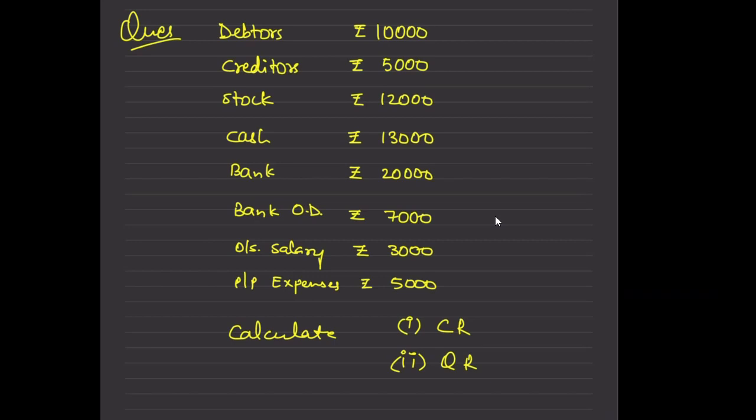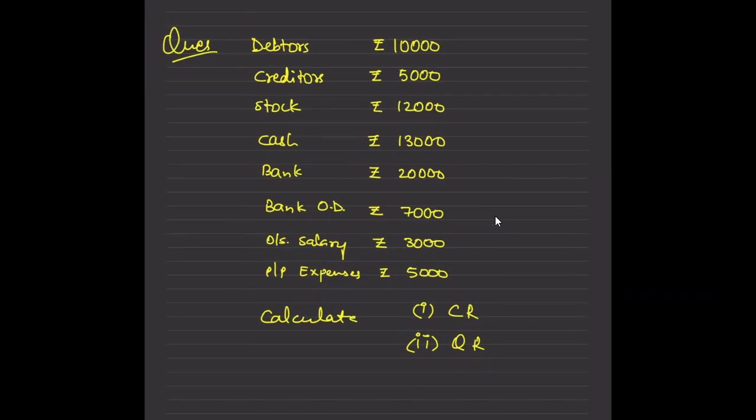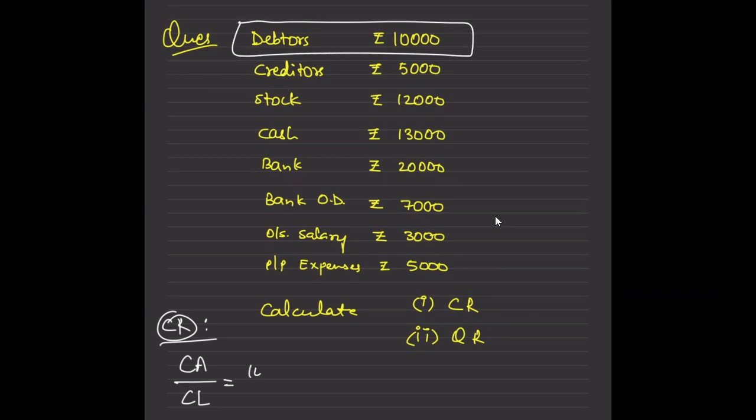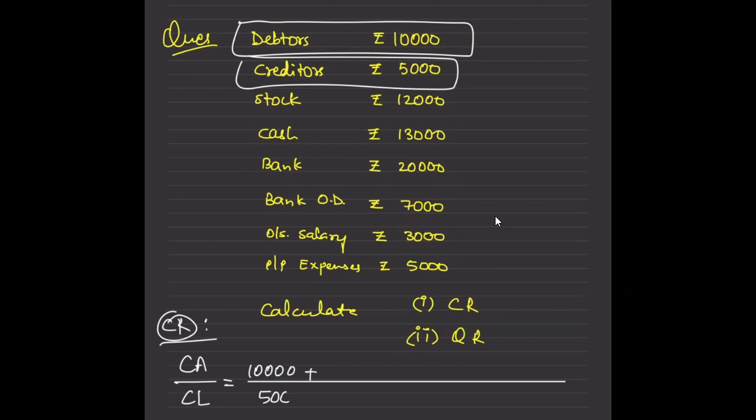So now everybody can see what is your current asset and what is your current liability. We are calculating the current ratio first. So first I have my debtors, that is my current asset. So let's add 10,000 in the numerator. Then we have 5,000 rupees creditor, that is your current liability. So we will add 5,000 in the denominator.